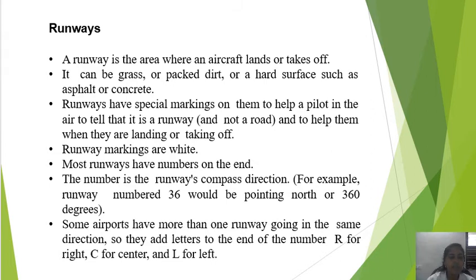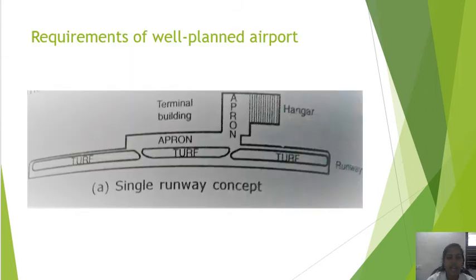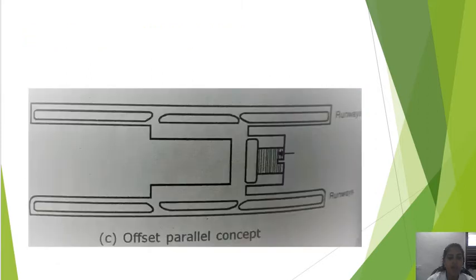Based on the configuration, the airport runway layout is divided into the single runway concept, the parallel concept, the opposite parallel concept, the intersecting concept, the non-intersecting concept, and the three intersecting concept.